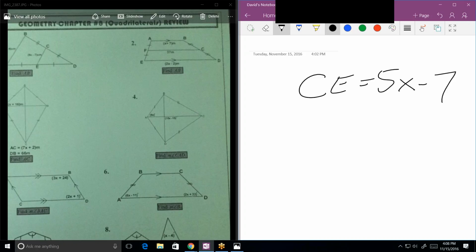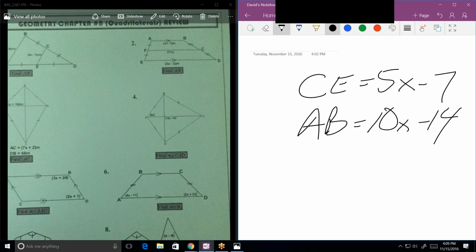That's what makes it a mid-segment line, and mid-segment lines are always half of the base that they are parallel to. So AB would have to be 10x minus 14. No, it's 8x. Oh, never mind. It's twice whatever CE is.